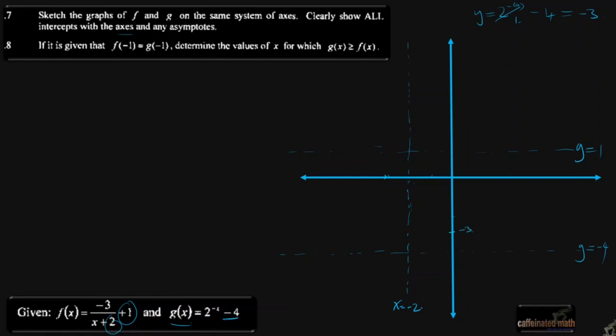And for the x-intercept, we place y equal to 0, so we'll just have 2 to the power -x minus 4 will equal 0, so 2 to the power -x is equal to 4, so 2 to the power -x is just equal to 2 squared, therefore x will equal -2, which sits right over there.